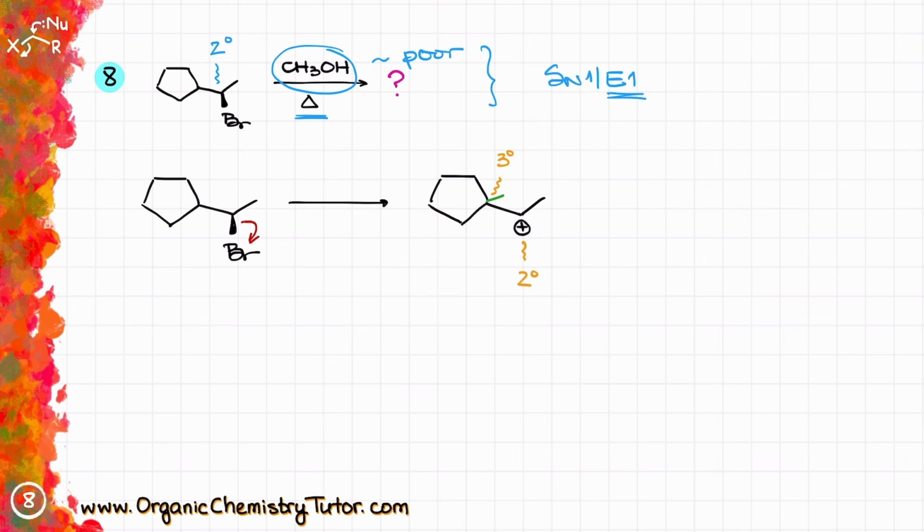Possibility number one is going to be the hydride shift. If that were to happen, then I would end up with a 5-membered ring with a tertiary carbocation like this. The other possibility is going to be the ring expansion, that's going to give you a 6-membered ring, which is going to look like that. It's going to give you a secondary carbocation, but on a 6-membered ring, which is generally more stable.